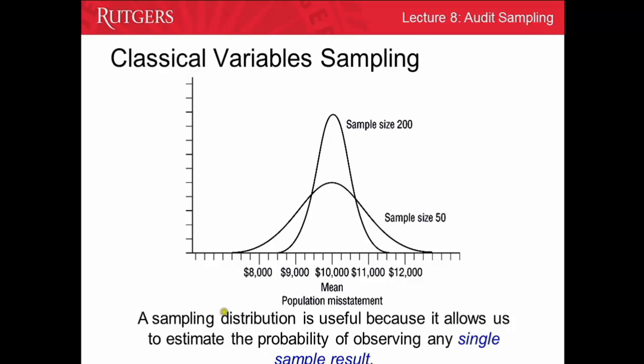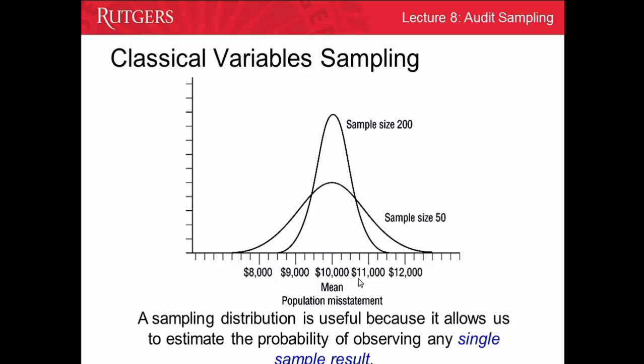The flatter, wide distribution here is based on a sample size of 50, and the taller, thinner distribution is based on a sample size of 200. Both sampling distributions are taken from the same underlying population.